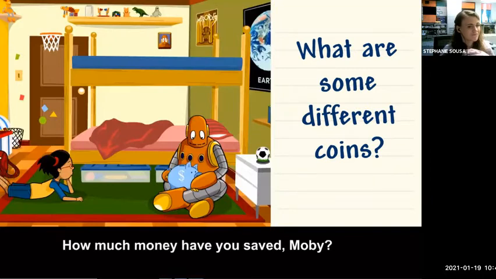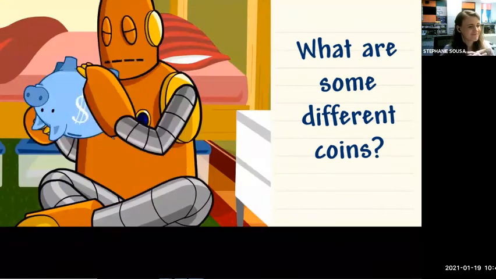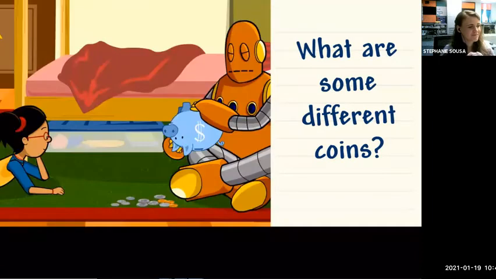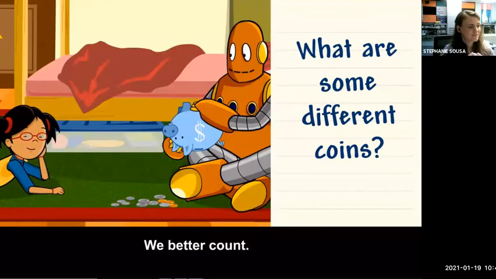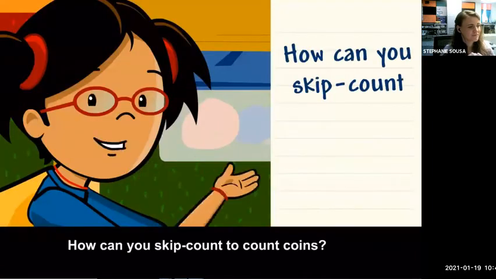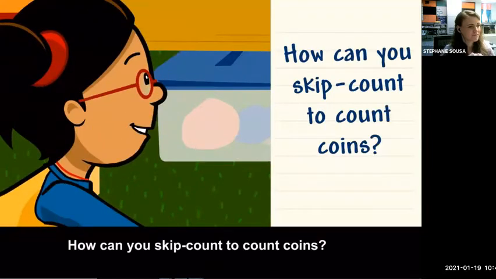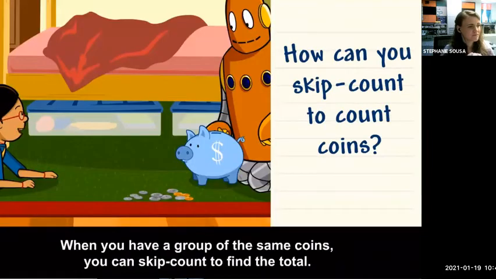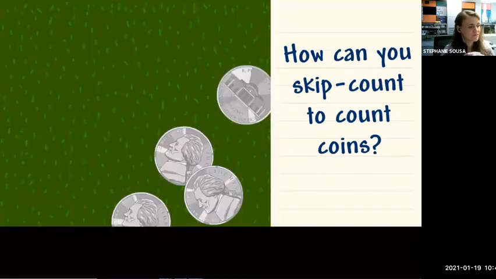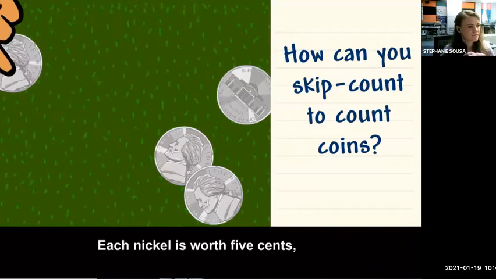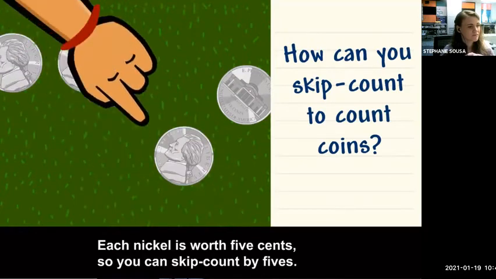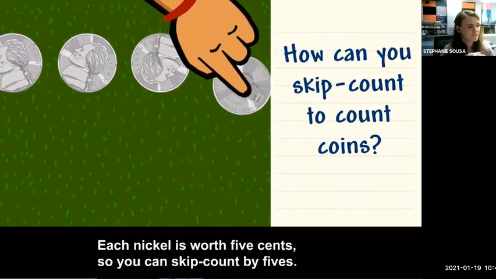How much money have you saved, Moby? We better count. How can you skip count to count coins? When you have a group of the same coins, you can skip count to find the total. Each nickel is worth 5 cents, so you can skip count by fives.